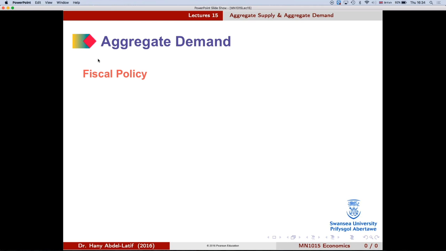Remember, G is one of the components of the aggregate demand: consumption, C, plus I plus G. So G here is what the government does. If they change taxes or government spending, this will have an impact on the aggregate demand. If they spend more, so if they increase G, then we would expect the aggregate demand curve to shift to the right.